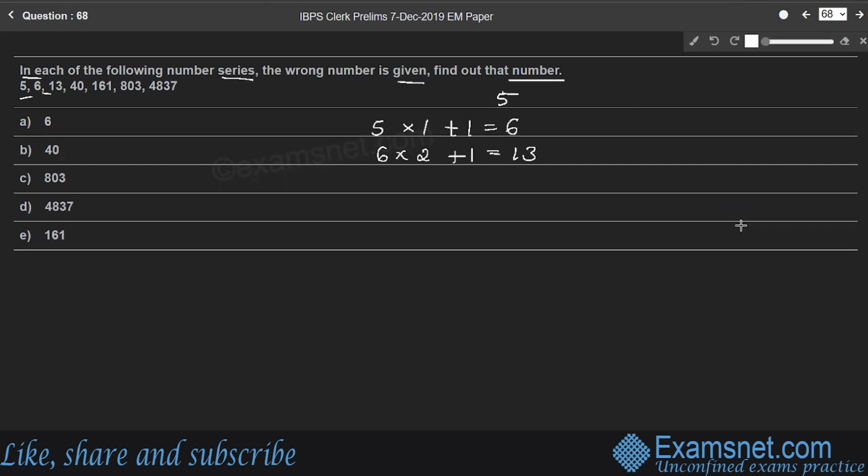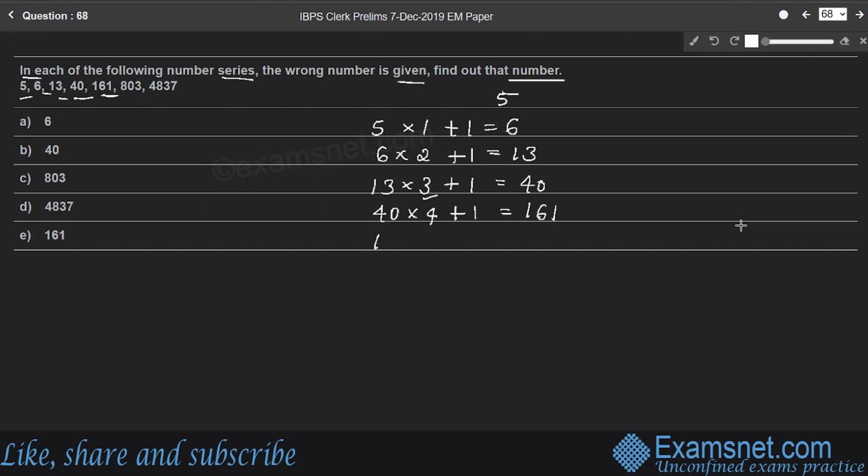The third number, 13, into 3 is 39, plus 1 is equal to the fourth number, 40. Next, 40 into 4 is 160, plus 1 is 161, which is the next number.